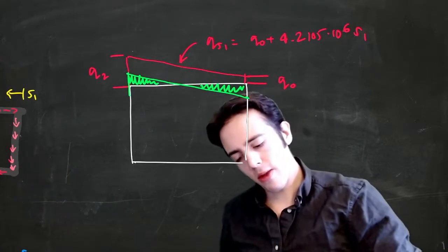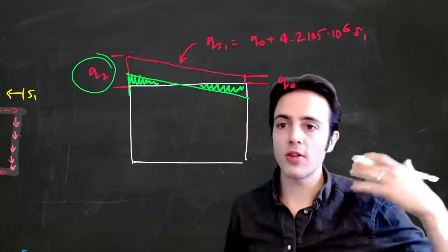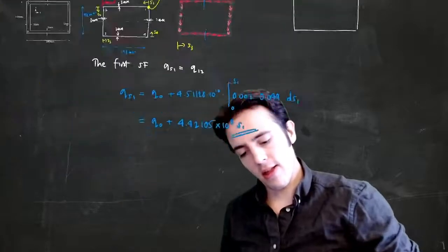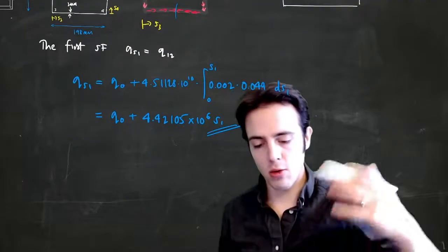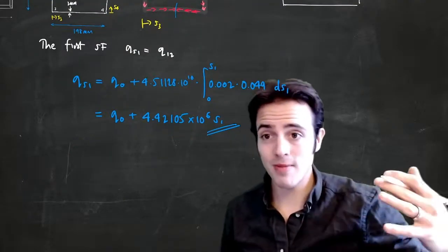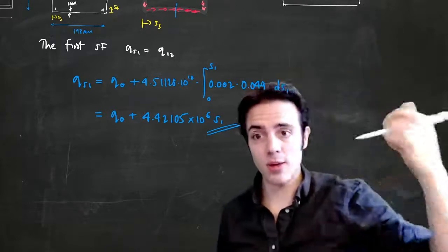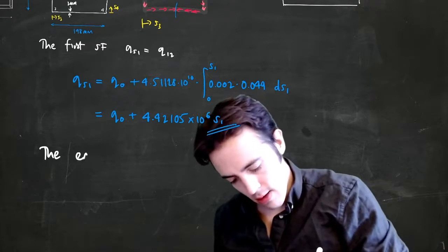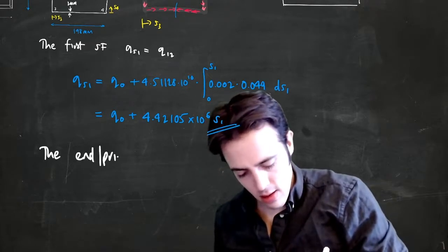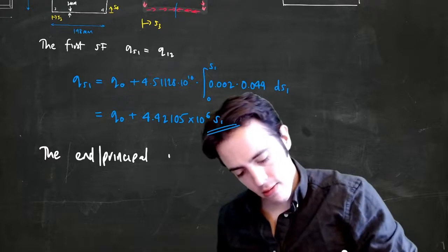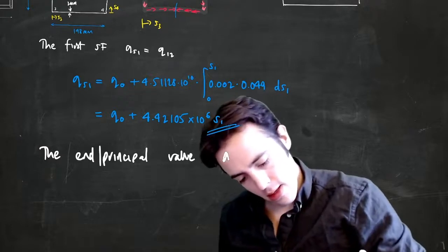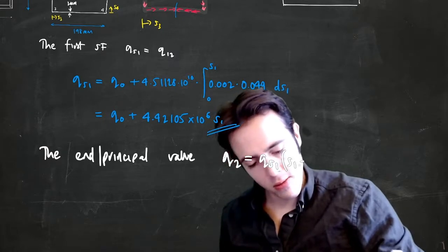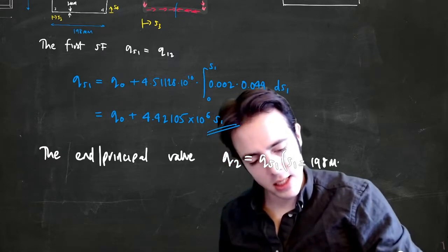But what we want to know is this value Q2 here, which is the principal value of this shear flow as we get to the end. So let's determine that, and that's just going to be QS2 when S2 is equal to QS1 when S1 has reached its end, which is 198 millimeters. So the end, or principal value, Q2 is equal to QS1 when S1 is equal to 198 millimeters.